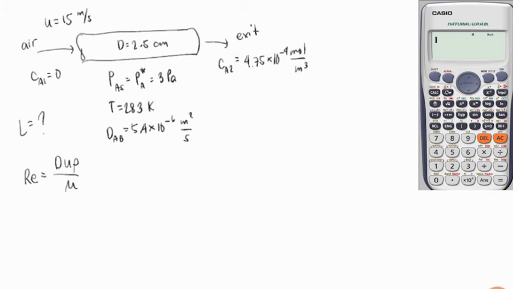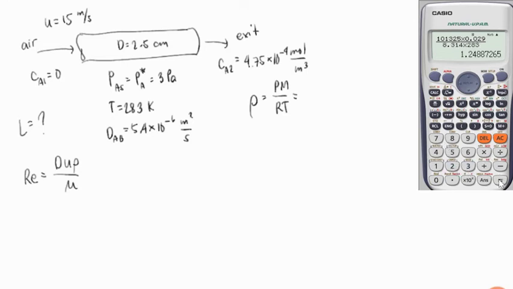Remember that air is our carrying fluid here, that's why our properties are evaluated for air and not for naphthalene. The density of air is PM over RT. Our pressure is 101,325 pascals, molecular weight 0.029, R is 8.314, and temperature 283 Kelvin.